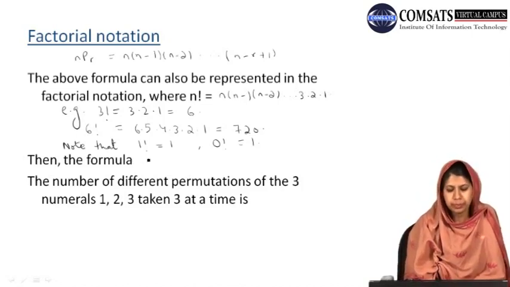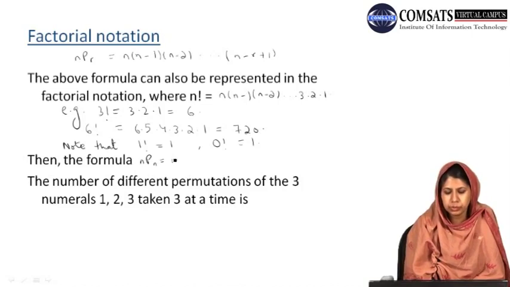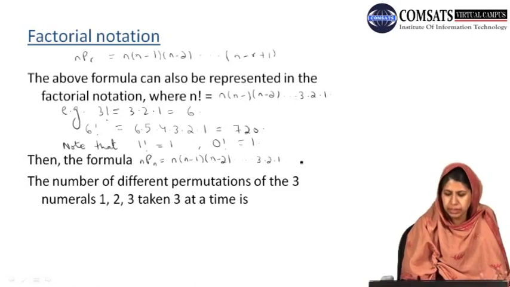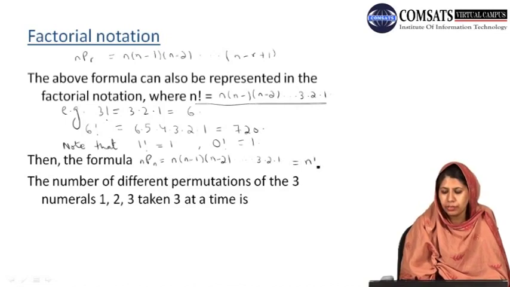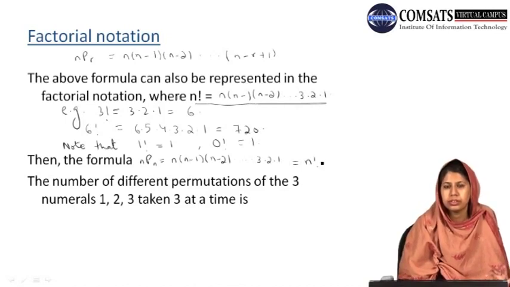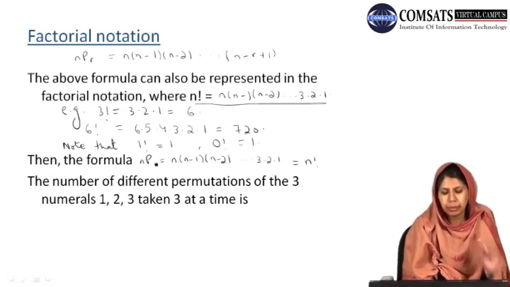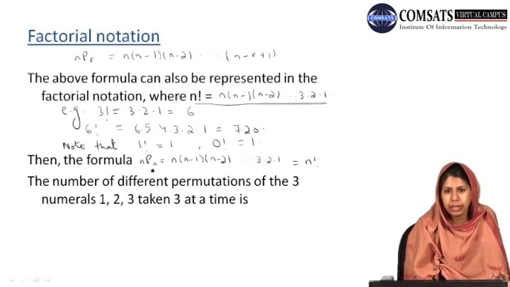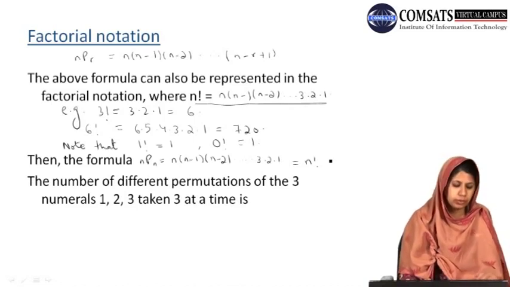Then our nPn formula will be equal to n into n minus 1 into n minus 2 and going up to 3 into 2 into 1, if we recall from our previous slides. And this is nothing but the definition of n factorial. So the number of permutations of n objects taken from n objects is nothing but n factorial.